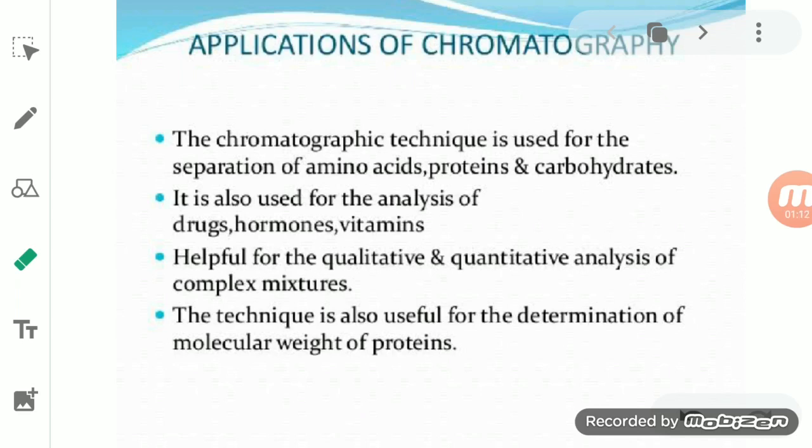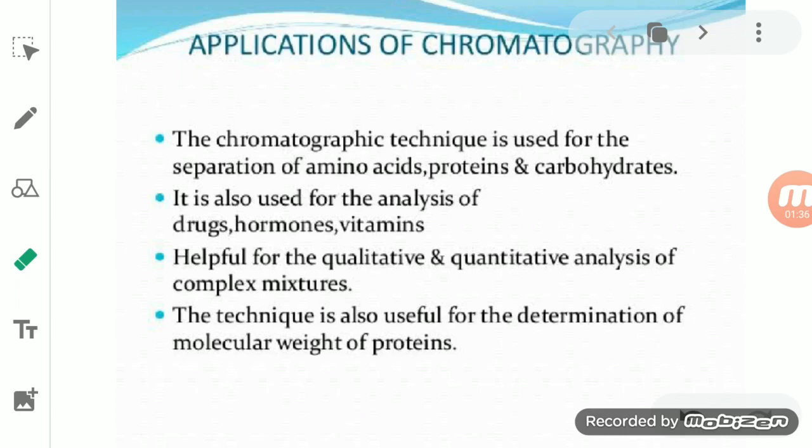Okay, now we will come to the next one, and that is chromatography. We studied how the chromatography process occurs, and right now we will study the different applications of chromatography.